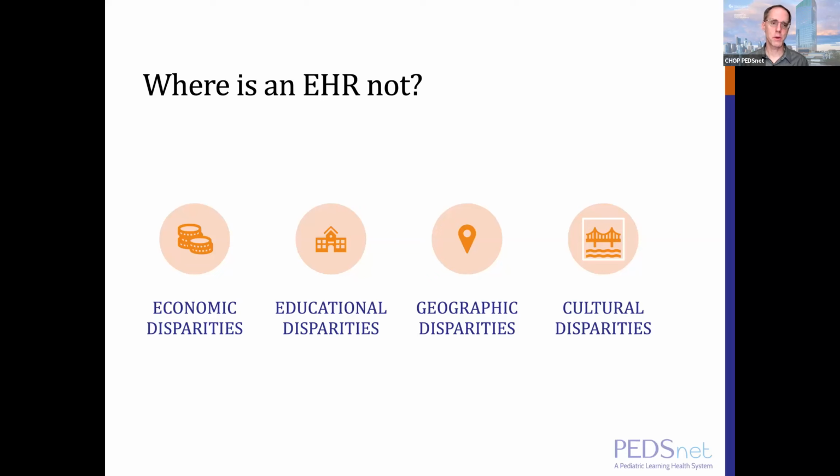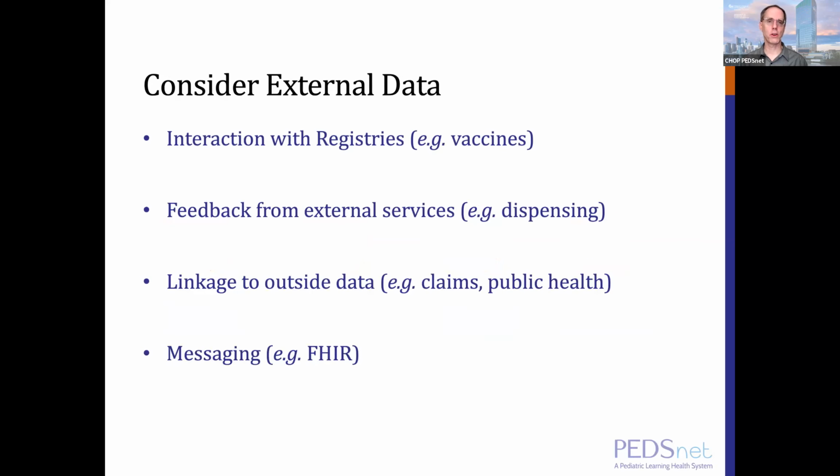All right, so we've talked mostly about EHRs as software systems and the data that reside in EHRs. I do want to mention that when you're thinking about secondary use research, it's also important to consider the availability of external data. So most EHRs will interact with some external systems directly.